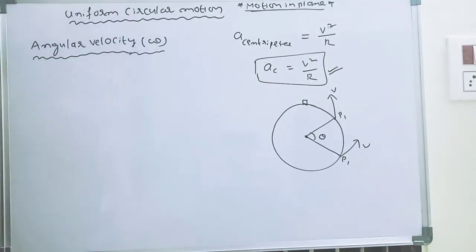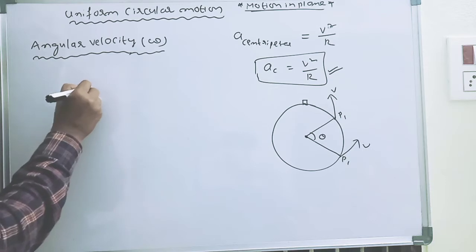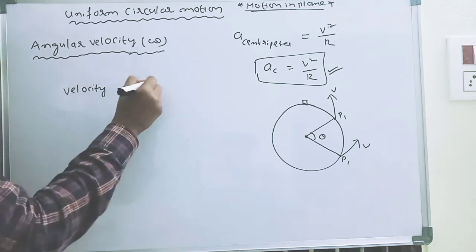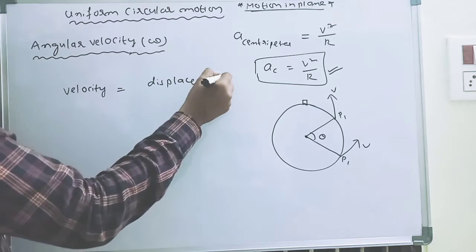Now the remaining topic, angular velocity. What is meant by angular velocity? Generally, what is meant by velocity? Velocity means displacement by time.